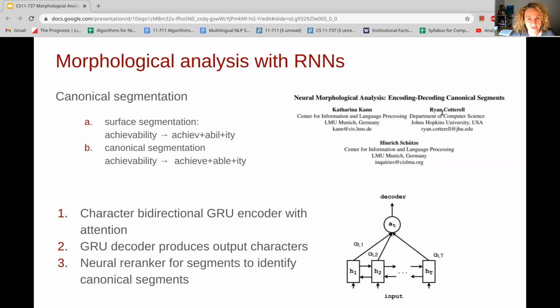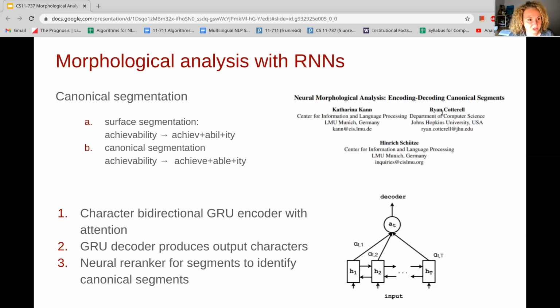First, they show how to do canonical segmentation rather than surface level segmentation of words. You can see in this example, for the input word achievability, what an output surface segmentation would look like and what an output canonical segmentation would look like.